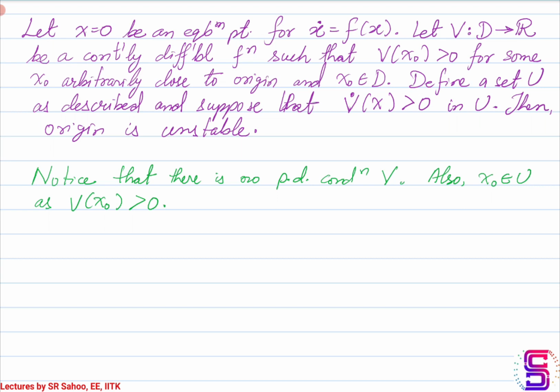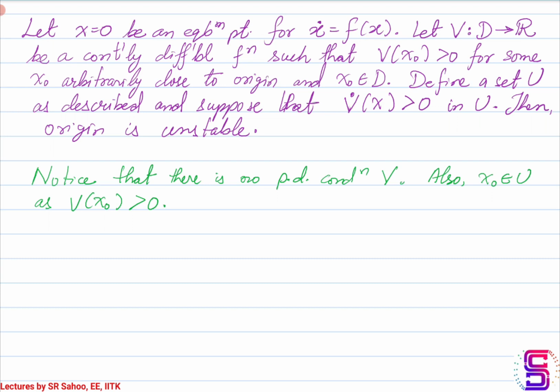So what this is trying to establish is that if you can find a point that is arbitrarily close to the origin and identify a region that contains that initial point where V dot is positive, then the origin is unstable.